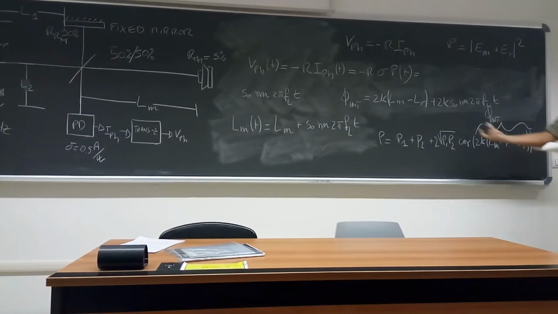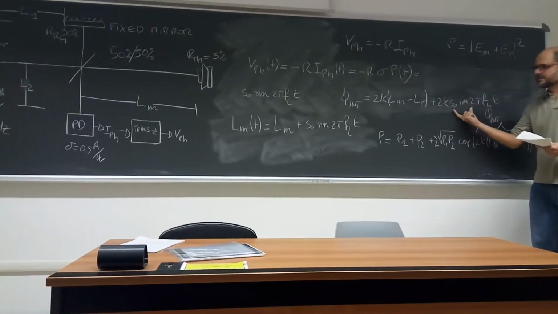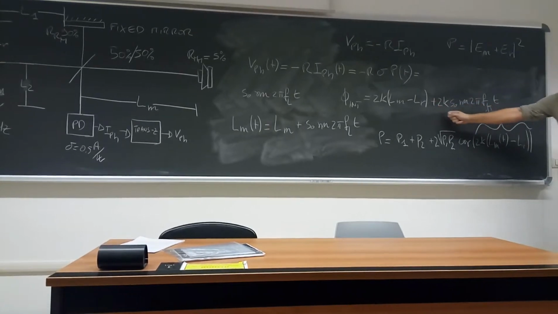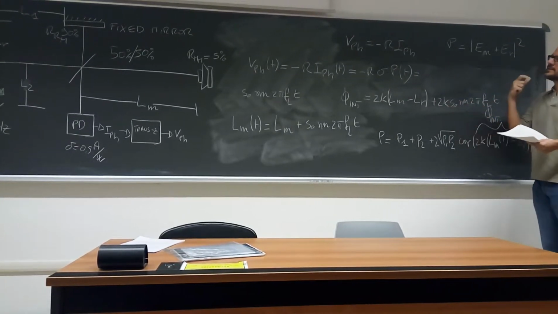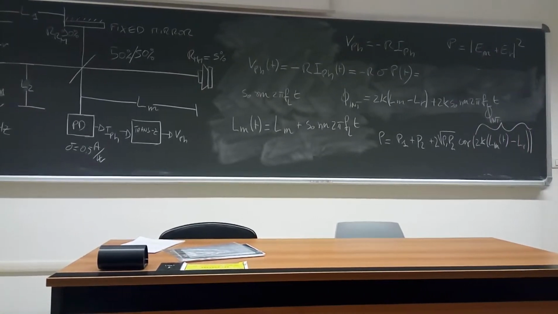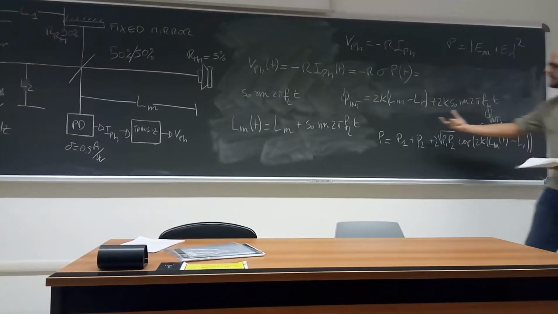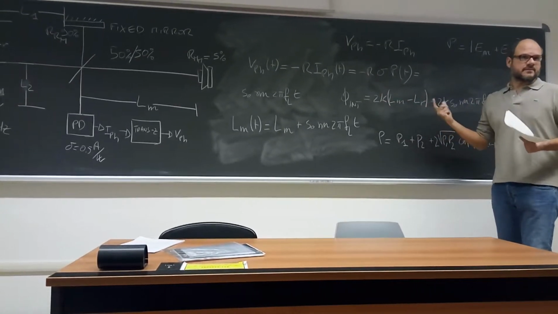So you have a fixed phase, and then you have a time varying phase. This is the part of the phase that will generate interferometric fringes or the interferometric signal. Okay, so this is the important point. But never forget that you have also the constant term. These are always present.